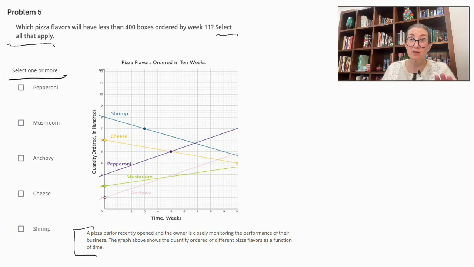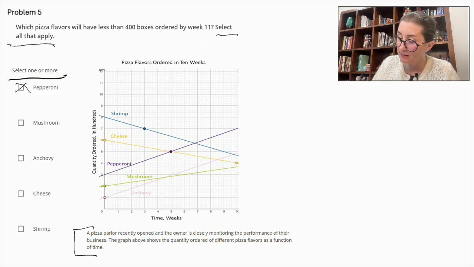So let's look first at the ones that definitely will not be less than 400 just by eyeballing, and that is pepperoni, because it starts at 300 in week 0, and at week 10 it's at 700. So if it keeps on the same trajectory, it will not be less than 400.